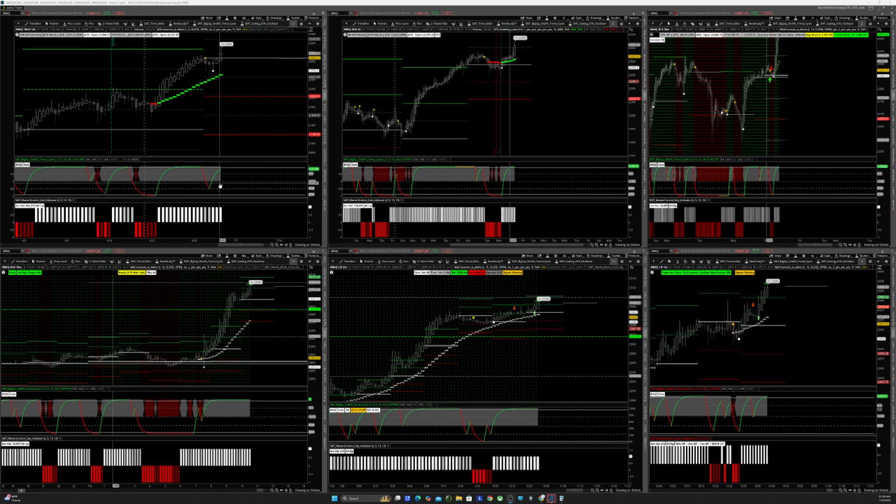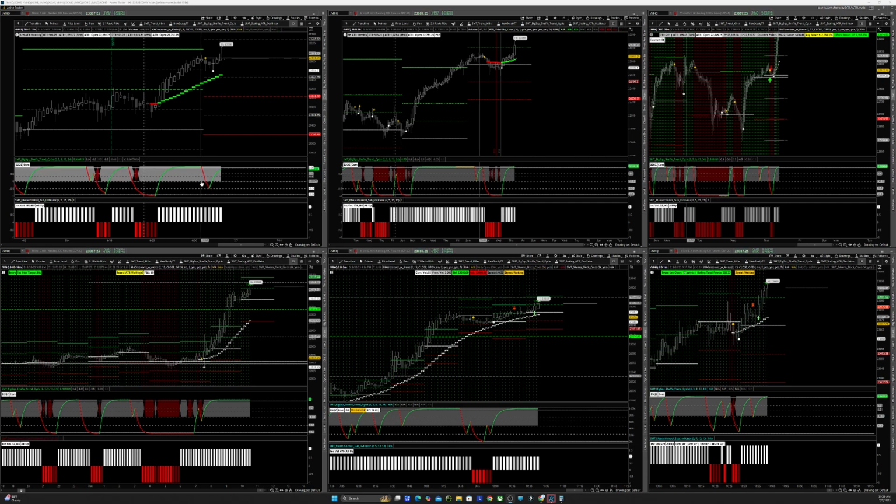You have bar charts. You have Renko. You have point and figure. And they all look completely different. So a PAT is another way to look at price other than looking at candlesticks. It's excellent. It makes a complete huge difference in your trading.